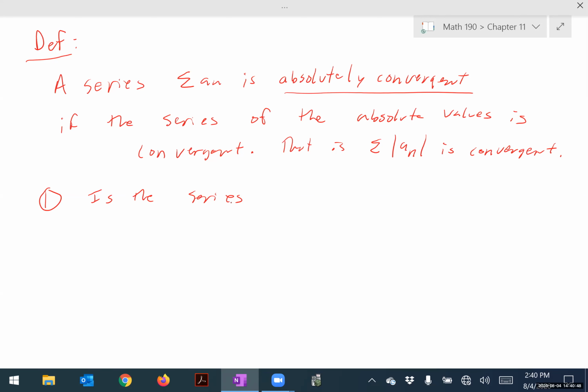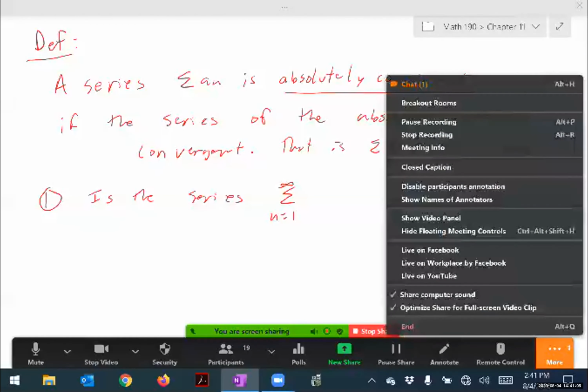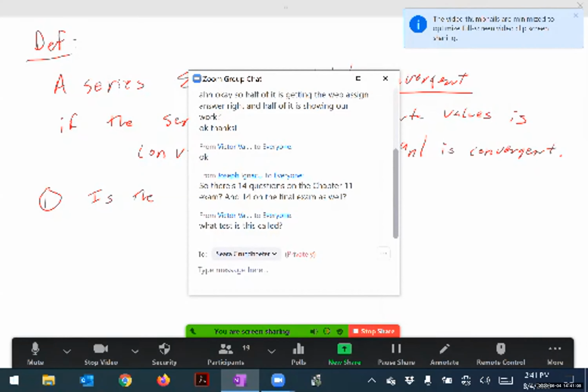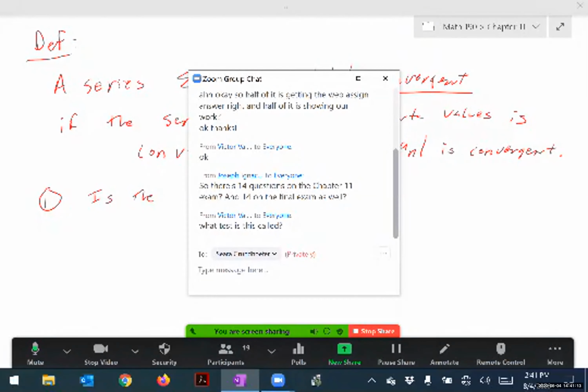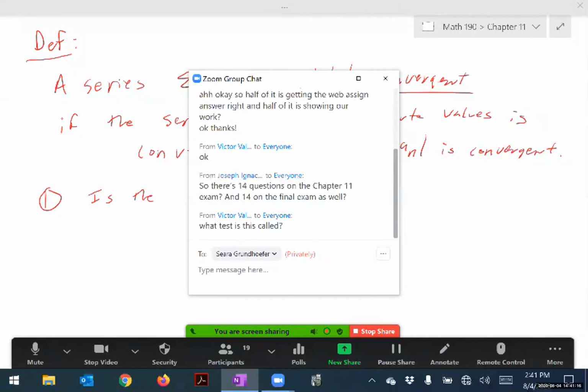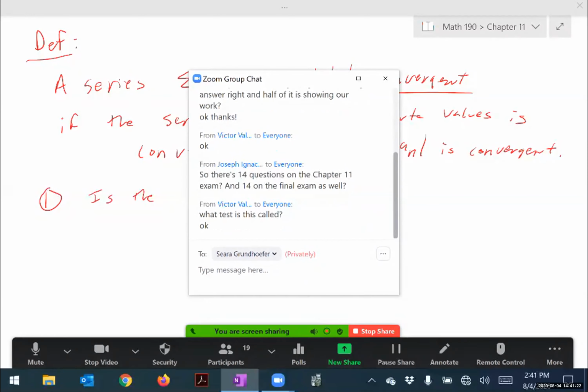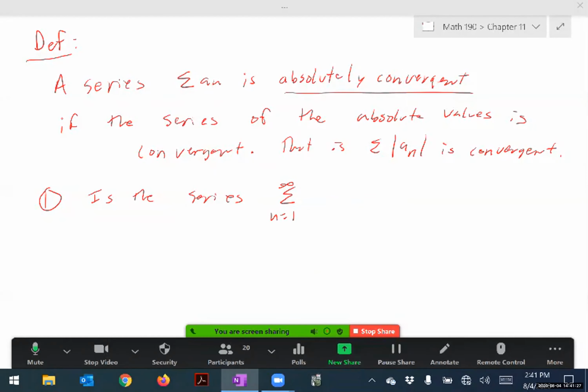Let's do one that is absolutely convergent first, and then one that's just convergent. There's no test yet. We're leading into the ratio test. This is a definition: it's defined as absolutely convergent.